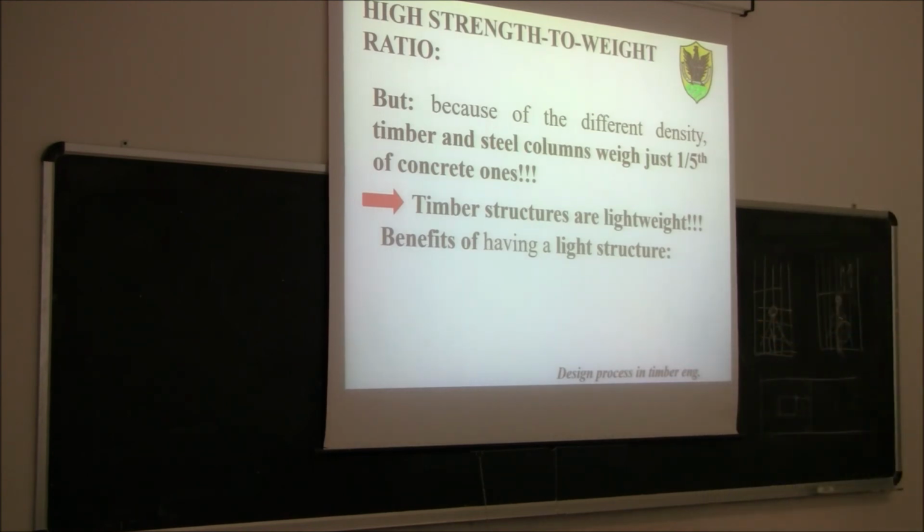Other advantages. The actions on the structure are lower. Which actions on the structure will be lower with a lightweight structure? All gravitational. Okay, gravity, which means permanent loads. Permanent loads, which depend on the structure self weight, will be lower for a lightweight structure. 5 times lower.